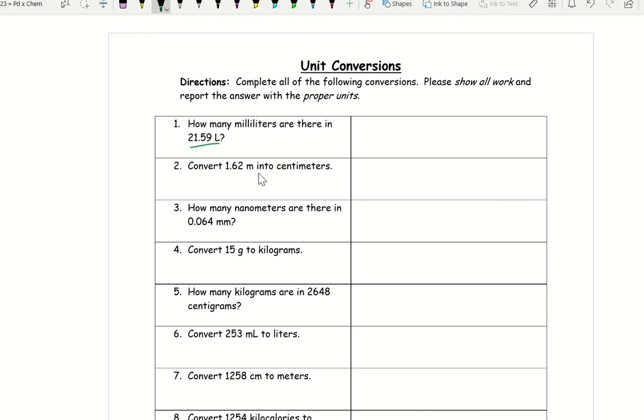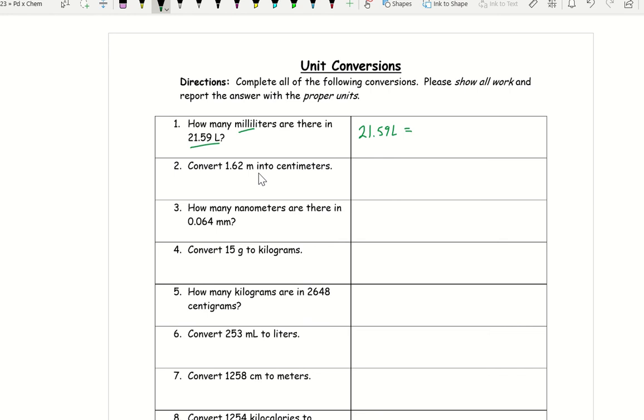Okay, we've already done this, but let's think how many milliliters there are. So let's take our number 21.5 liters, and we're trying to convert it to milliliters. So we're going to have a lot more of these. And how many? Well, you have to remember milli means there's 1,000 milliliters in 1 liter, so we're going to have to multiply it by 1,000.